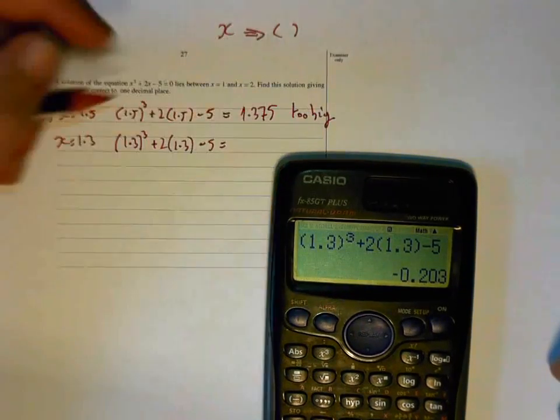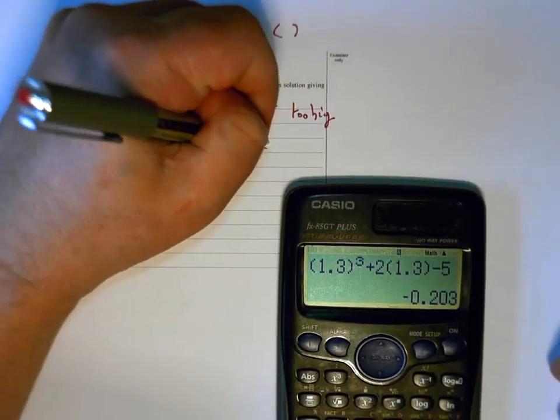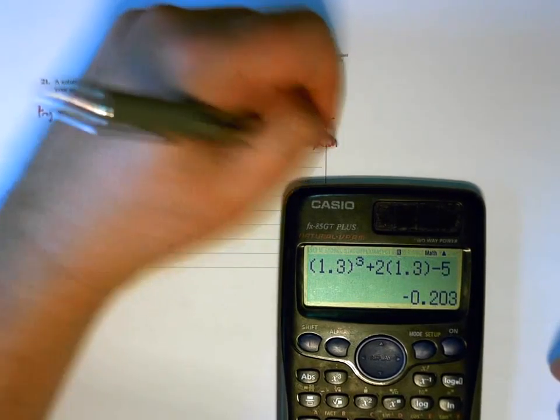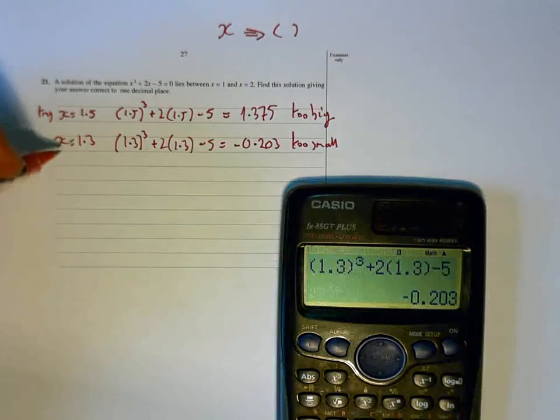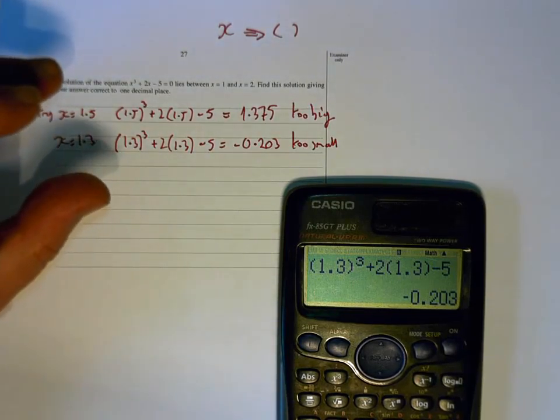So a value of x of 1.3 gives me a number that's less than 0, so it's too small. So there's no point me trying 1.2, it's too small. So my answer is going to be somewhere between 1.3 and 1.5. So I'm homing in and zooming in on where my answer is going to be.